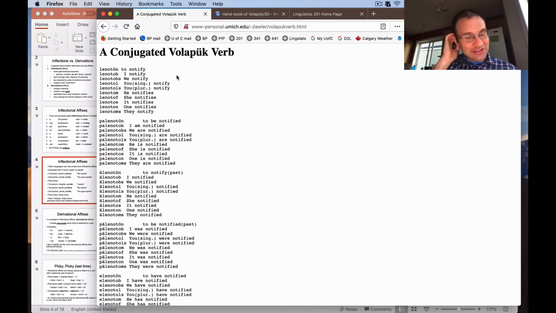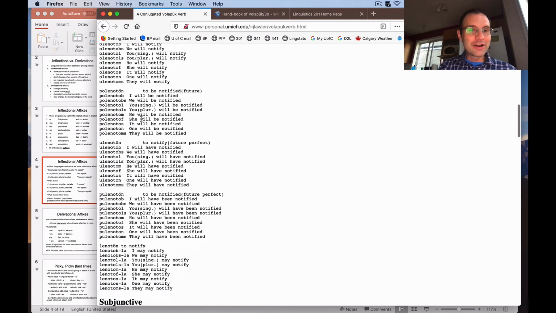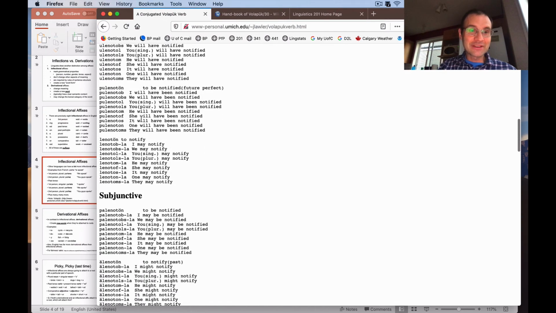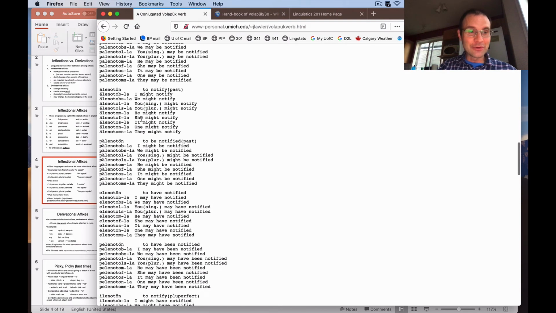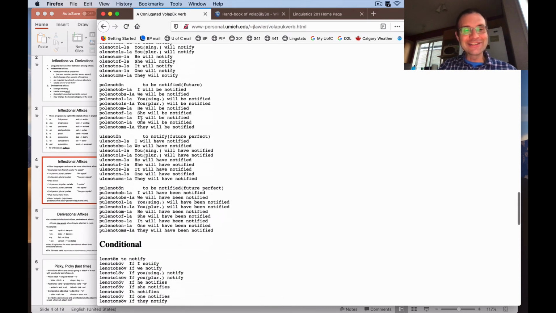So this is how you can conjugate the verb to notify in Volapük: lenotun, lenotob, lenotobs, lenotol, lenotos. I'm not going to go through all these. There are a lot of different forms. And in fact, if you want to learn the language, guess what? You have to learn every single one of these forms. So that's not super easy to do.